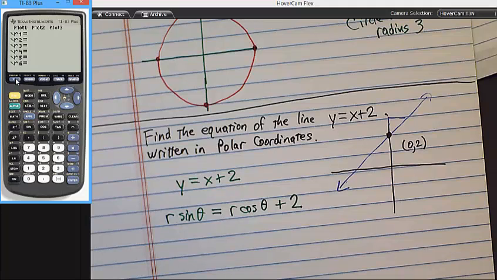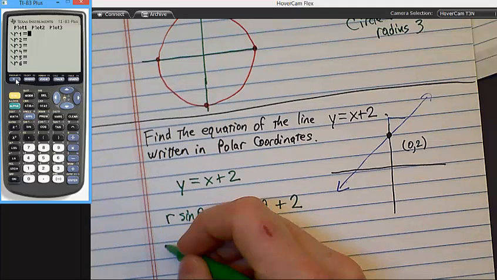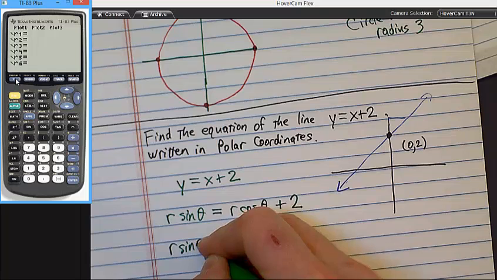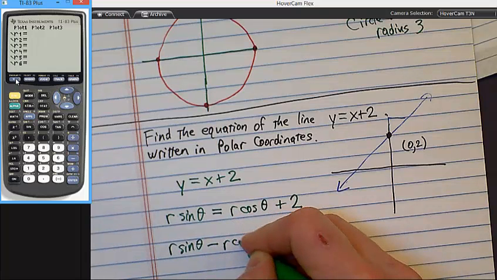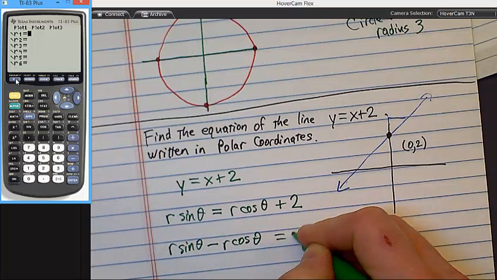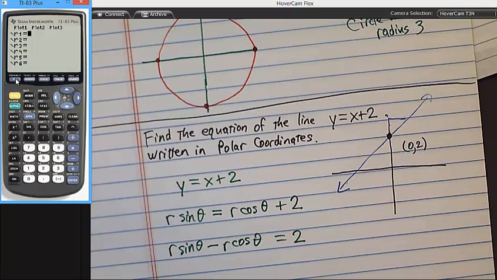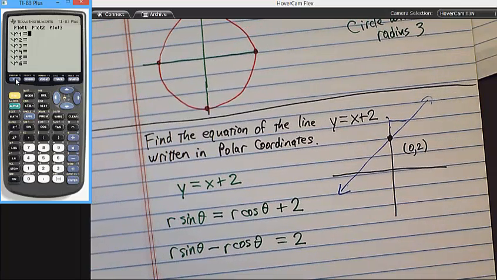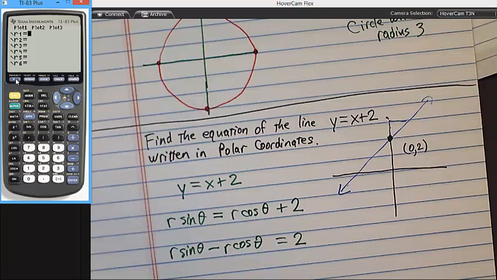One of the problems here is I have r's on both sides of the equation. That's no good. Let's get all the r's on one side of the equation. So what am I going to do? I'll write r sine theta minus r cosine theta equals 2. Any guess what I'm going to do next? Yes, factor out the r because I really only want one of them.